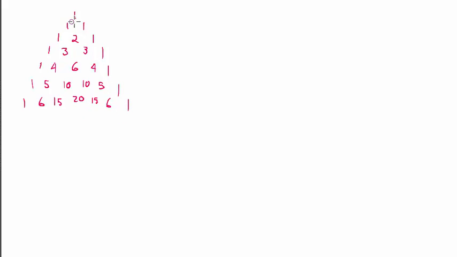Okay. What I want to show you is that this gives you the coefficients when you multiply out x plus y to the power of 0, to the power of 1, to the power of 2, to the power of 3, to the power of 4, to the power of 5, to the power of 6. Okay, so if I have it to the power of 4, it will become x to the power of 4 plus, and now x gets 1 less, but y gets 1 more.